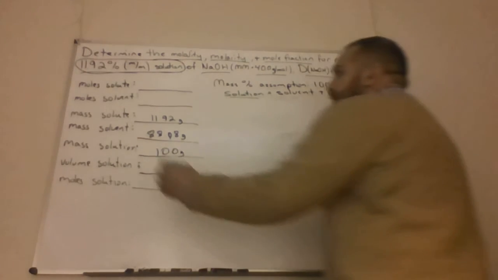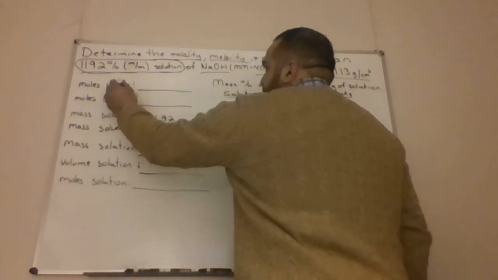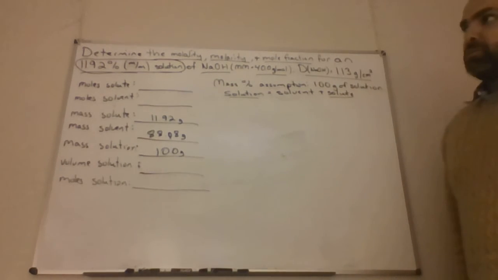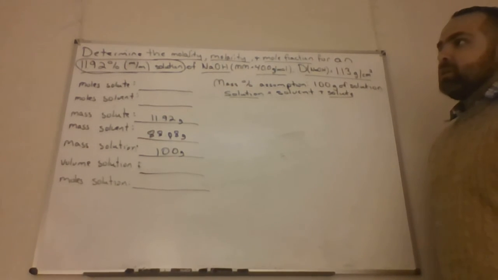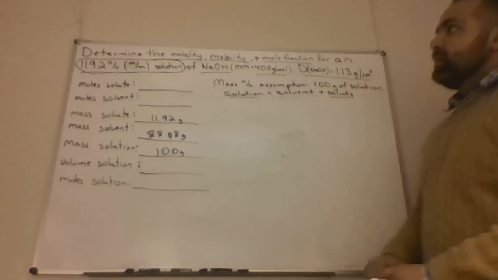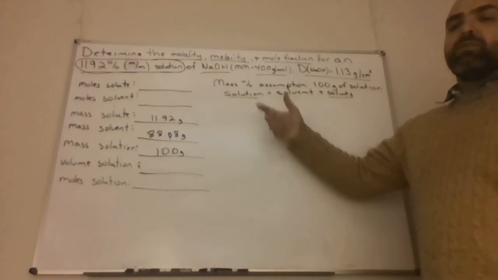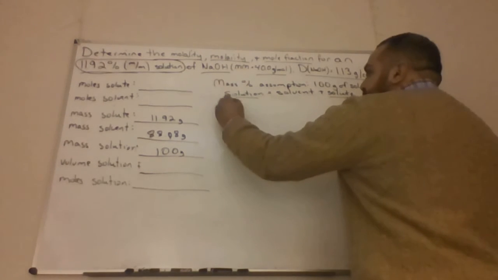So now what we need left is to find the moles of solvent, moles of solute, volume of solution, and moles of solution. So first we'll deal with moles of solvent. Now since we're dealing with an aqueous solution of sodium hydroxide, the solvent is water.